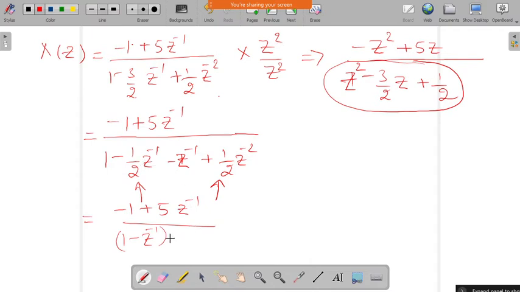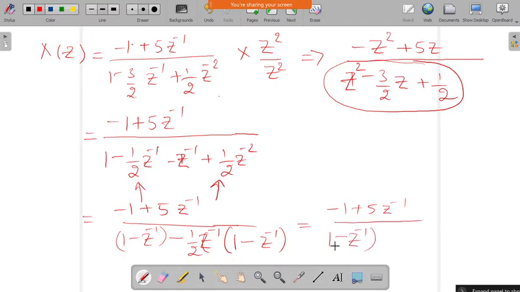Okay, so here if I take the common factor of z inverse, minus half, it will have the value 1 minus half z power minus 1. Now from these two factors, again 1 minus z inverse is common, so minus 1 plus 5 z inverse divided by 1 minus z inverse into 1 minus half into z power minus 1. So these are all the factors we get from this.